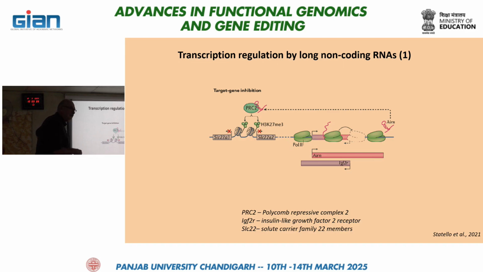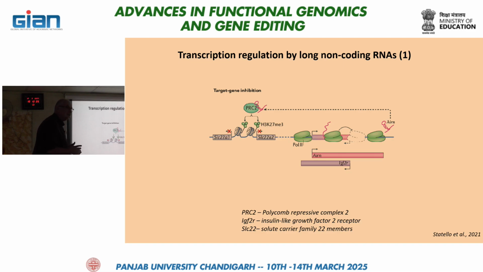This is the example of overlapping genes I told you about. This is because of some steric problems. If the polymerase is going in this direction, this polymerase cannot go. So the transcription of the long non-coding RNA will block transcription of this gene.